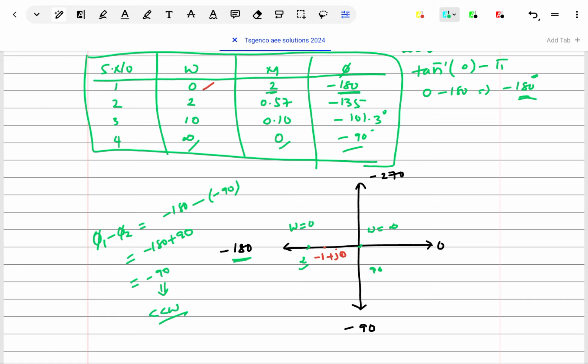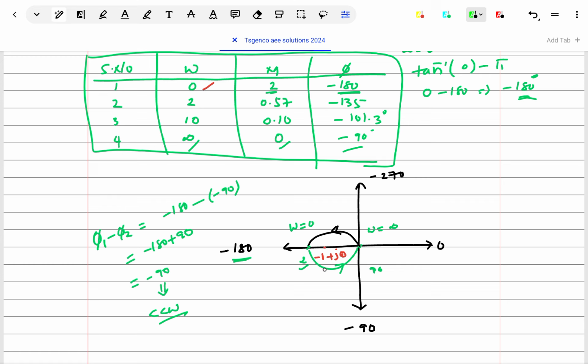So the graph will be like this, in the counterclockwise direction. And if we draw the Nyquist plot here, it is the exact mirror image of this, like this.